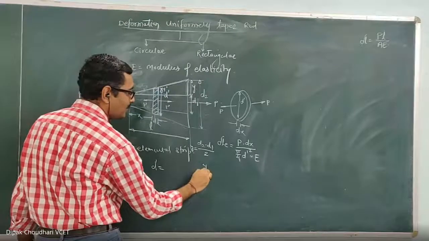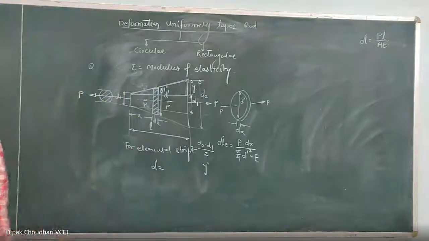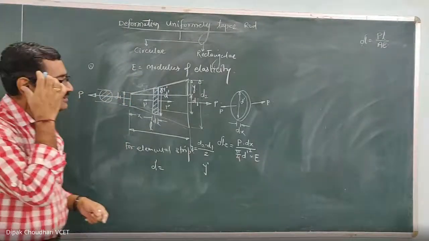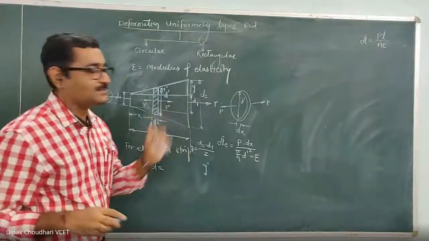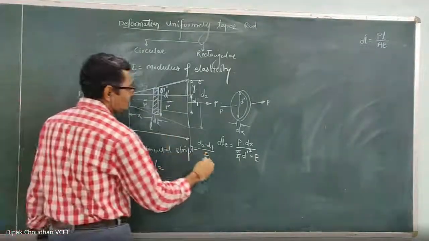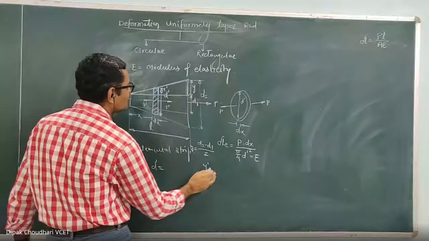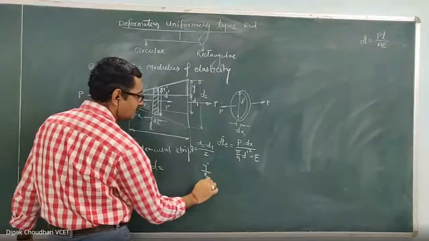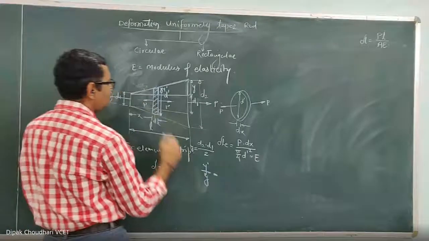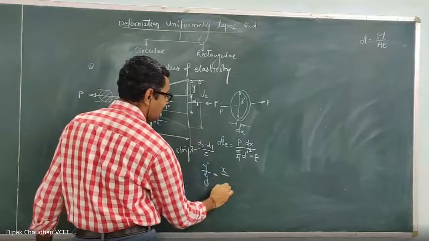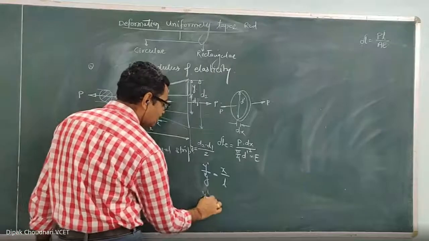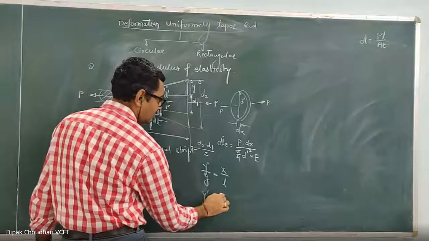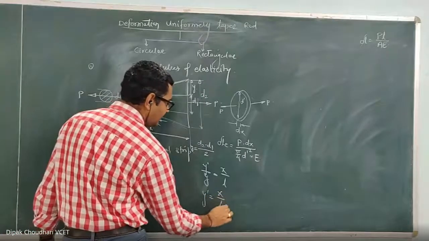By using the property of similar triangles, you can refer to any book to get this derivation. Write that derivation in a proper way; I will just explain the concept here. So y dash upon y equals x upon L. From this, y dash equals x upon L into y.